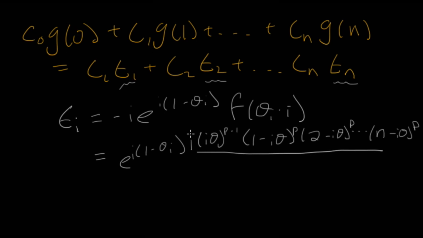This is all times negative i and p minus 1 factorial. So now we're going to simplify this because that's kind of messy, so that the magnitude of this is going to be less than or equal to.